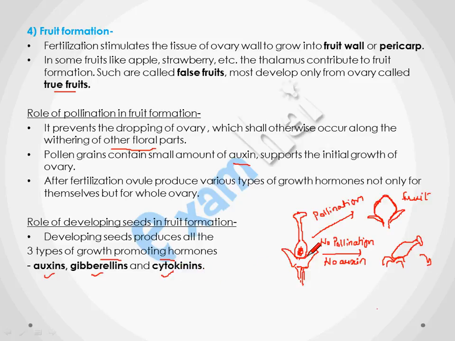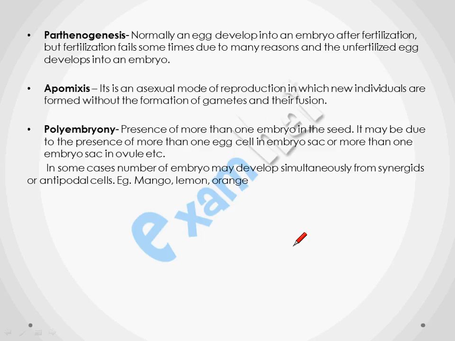These three hormones help to support fruit formation. Now we are going to discuss other types of reproduction: parthenogenesis, apomixis and polyembryony.